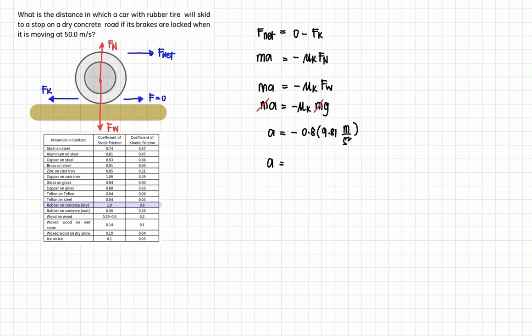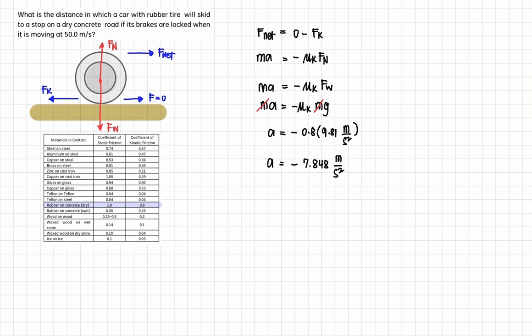The brakes were hit. So 9.81 times 0.8, that is negative 7.848 meters per second squared. So after solving, we were able to get the acceleration.